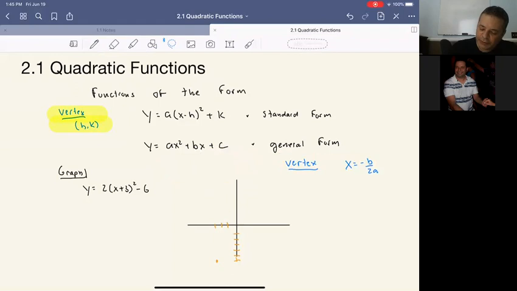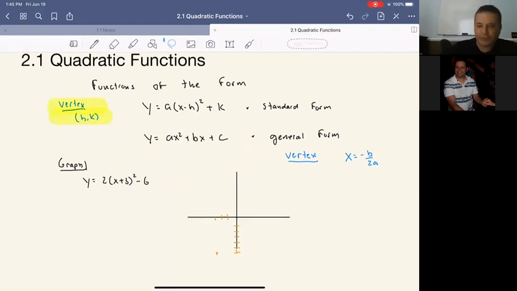So we're going to graph the vertex, negative 3 comma negative 6. And I find it useful, meaning you'll find it useful, to graph 2 more points.